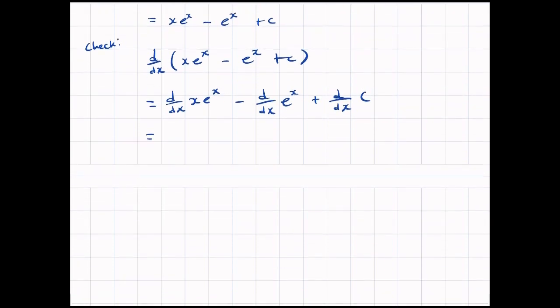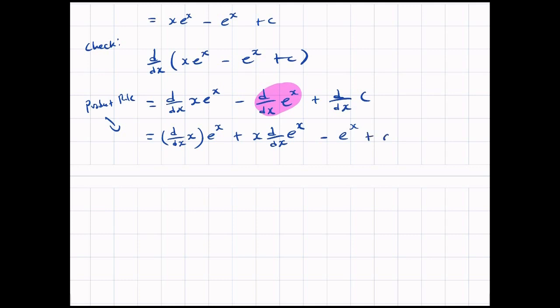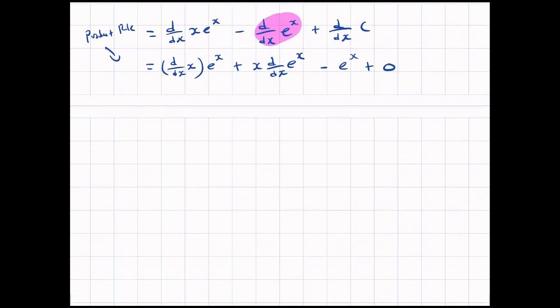For d/dx of x e to the x, I have to use the product rule: d/dx of x times e to the x plus x times d/dx of e to the x. The d/dx of e to the x that I'm subtracting is, of course, just e to the x. And the derivative of c with respect to x is just 0, because c is a constant.